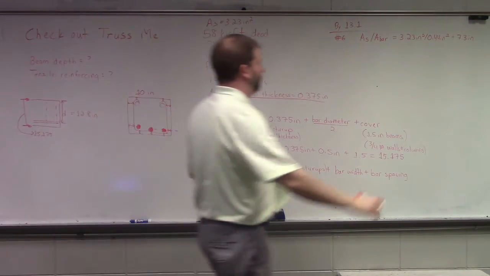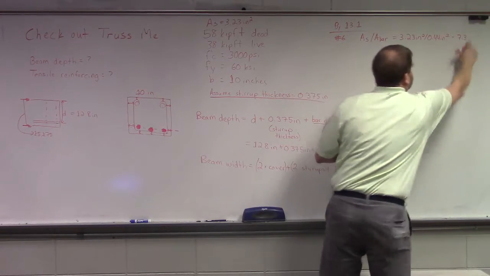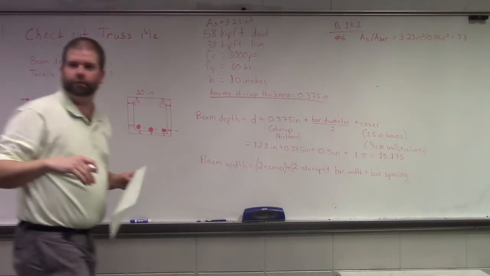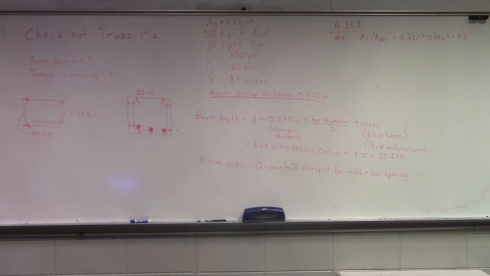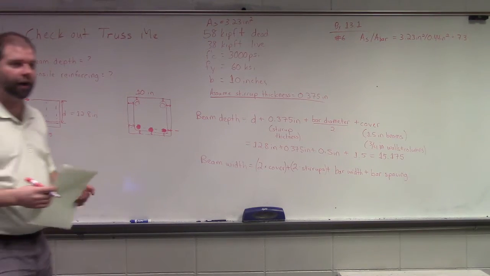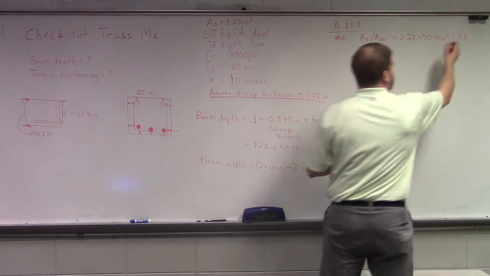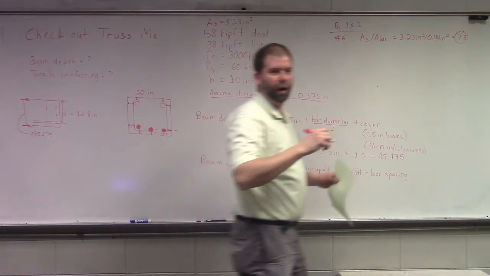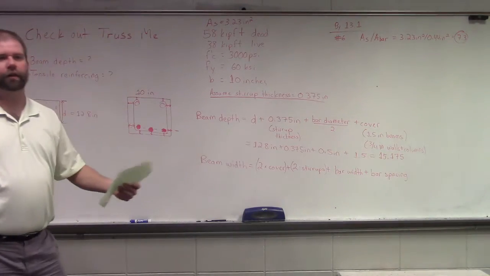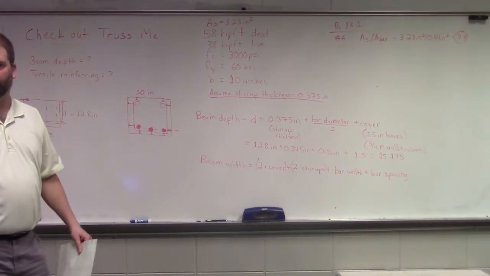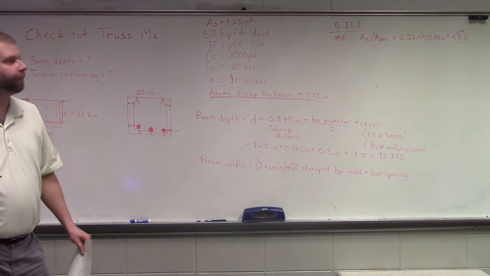That tells us if we were going to put in number 6 bar, we would need 7.3 bars, or 8 bars. We're always going to have to round up.